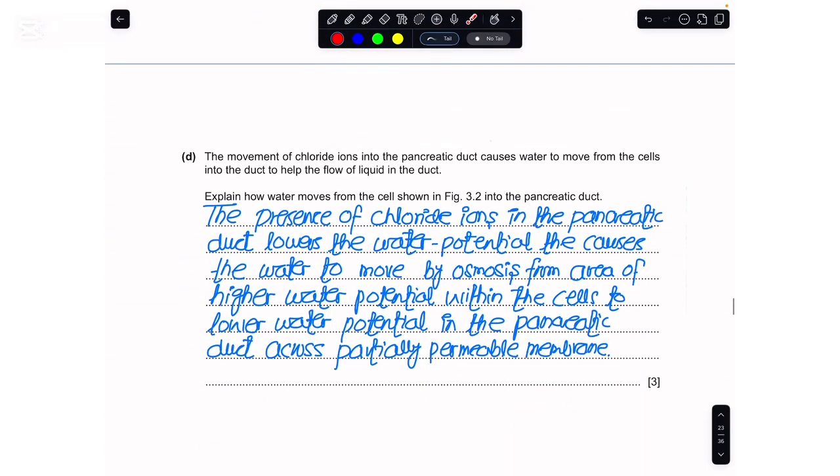Moving further, for a total of 3 marks, they say that the movement of chloride ions into the pancreatic duct causes water to move from the cells into the duct, and that helps the flow of liquids in the duct. They say explain how the water moves from the cells shown in figure 3.2 into the pancreatic duct.